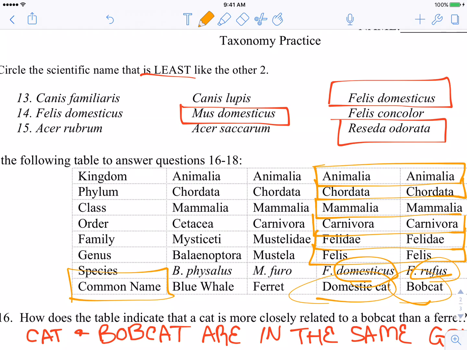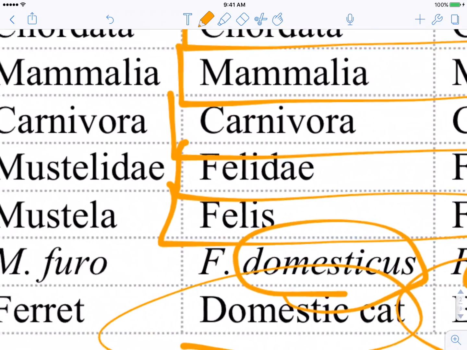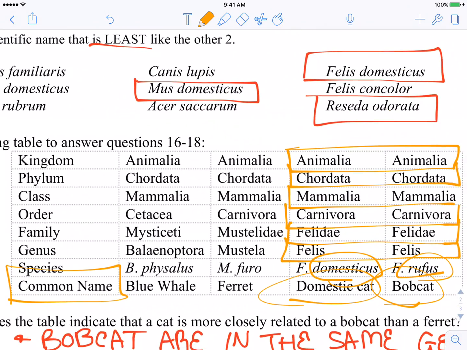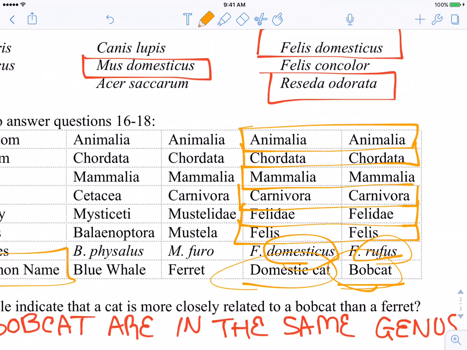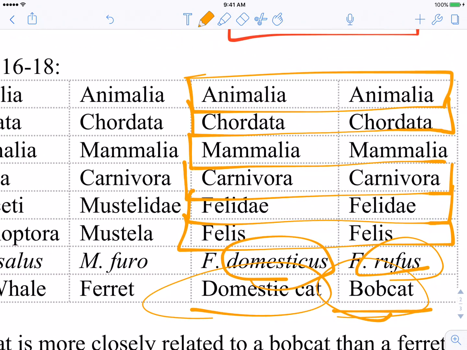The domestic cat has a species called domesticus. The bobcat has a species called rufus. Because they're in two different groups at the very most specific level, they are very closely related. So what I mean is, the farther down you can go down the taxonomic pyramid without being in different groups, the more closely related you are.